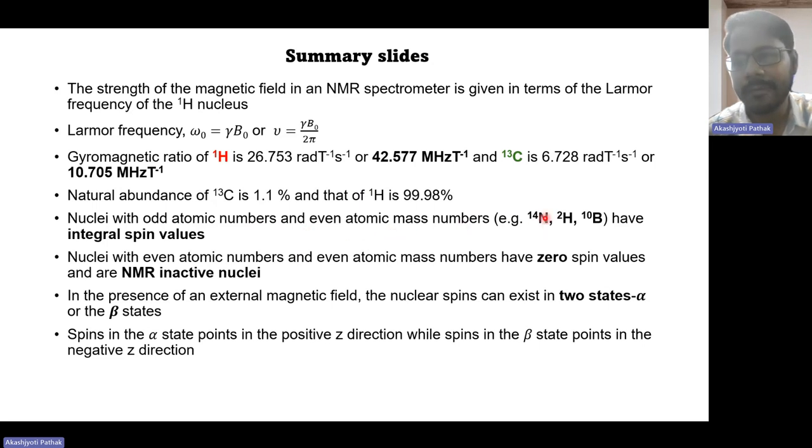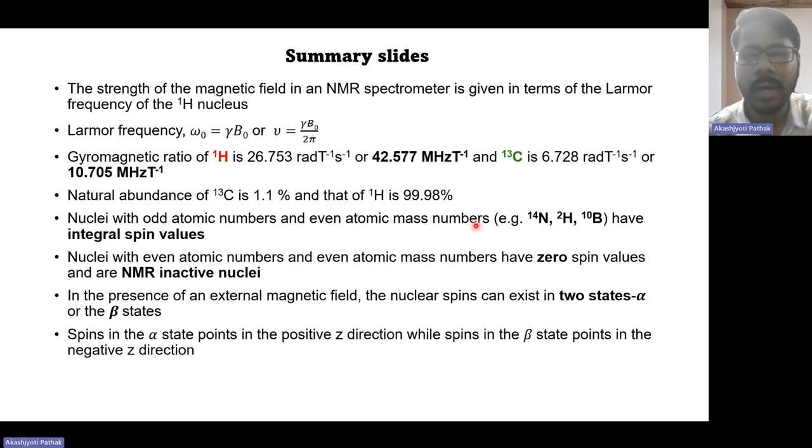For example, N14 has an atomic number 7 and mass number 14. Similarly, this is deuterium, H2, which has a mass number of 2 and atomic number 1. Boron has an atomic mass number 10 and its atomic number is 5.